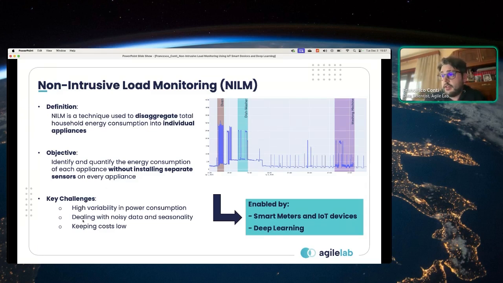And this could be hard because we need to ingest data, to store data, to process data science, deep learning. So it could be very hard. And today I want to show you how these challenges can be overcome by the use of smart metering techniques with IoT devices and deep learning.